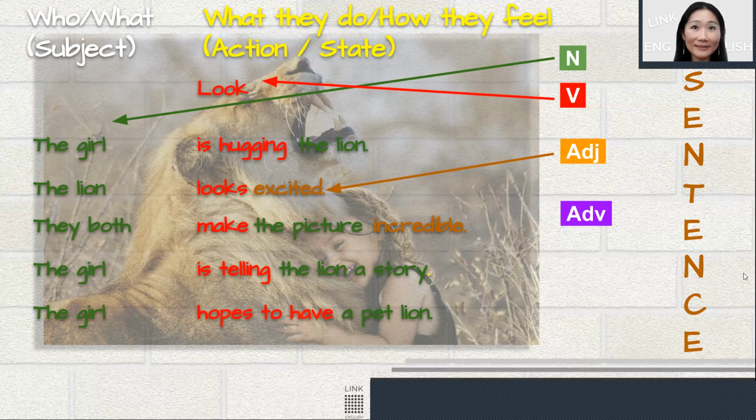See how I do it. Carefully, really. Do remember adverbs can be used to emphasize actions or verbs. So here we have look carefully and really hopes to have a pet lion.